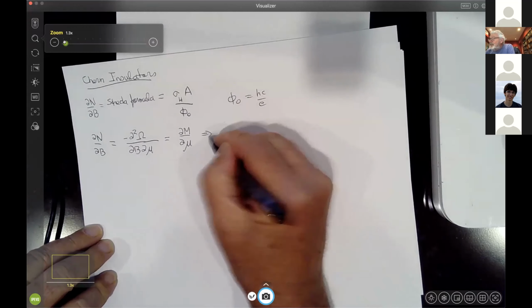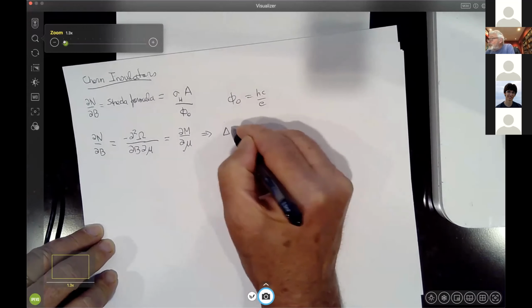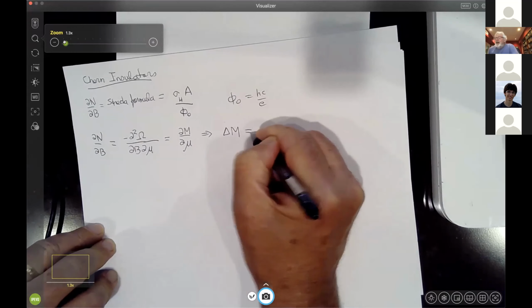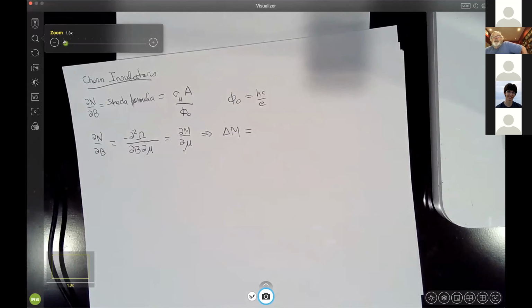And that means that one unusual property of these systems, if you think of them as magnets, is that the magnetization jumps as a function of carrier density.